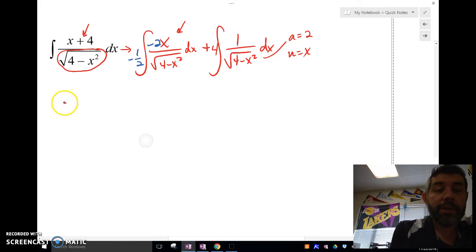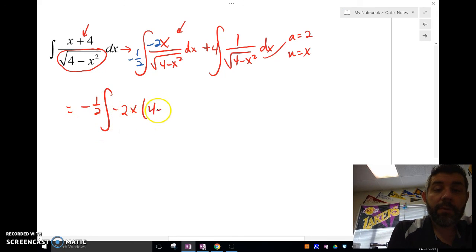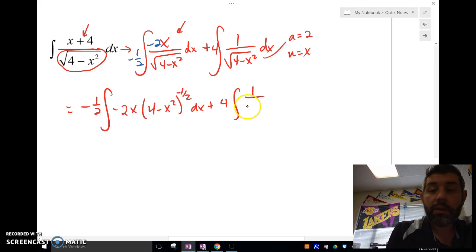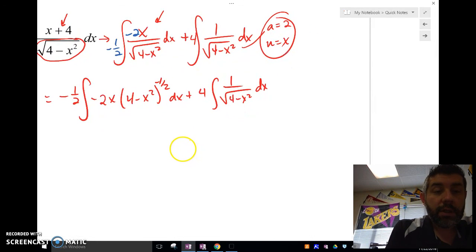All right, now I'm going to take the antiderivative of the first one. This first one, remember, we noticed was a reverse chain rule. Let's rewrite it one more time: 4 minus x squared to the negative 1/2, the square root of 4 minus x squared dx. And we already know that this here is true. So we've got negative 1/2, and this is our hook, it goes away.